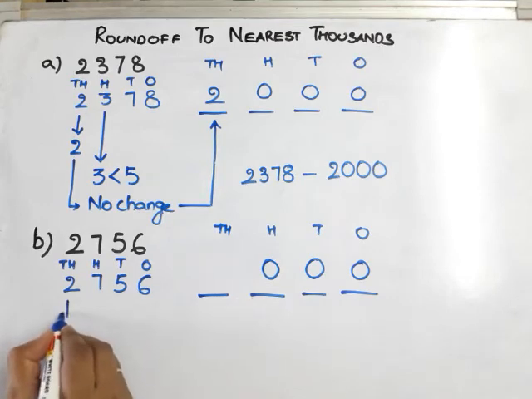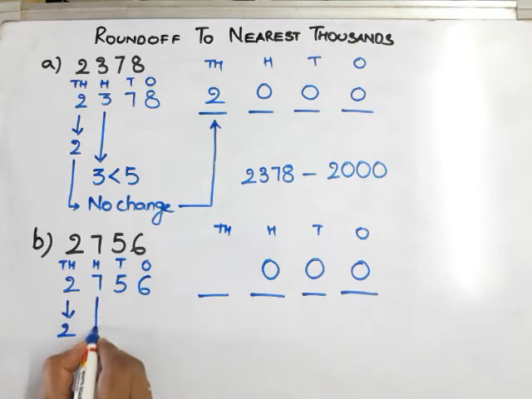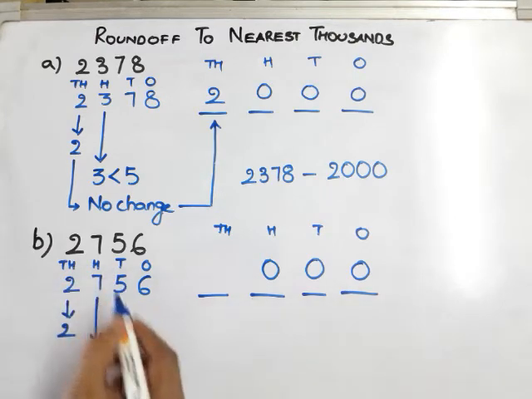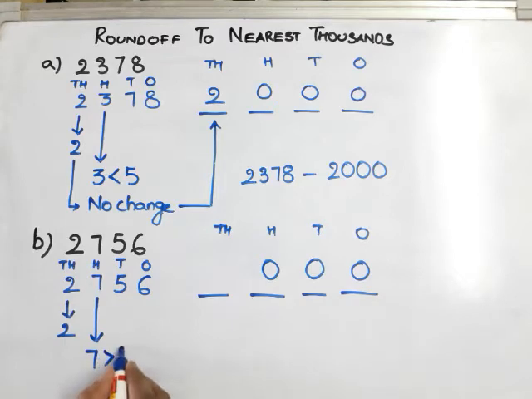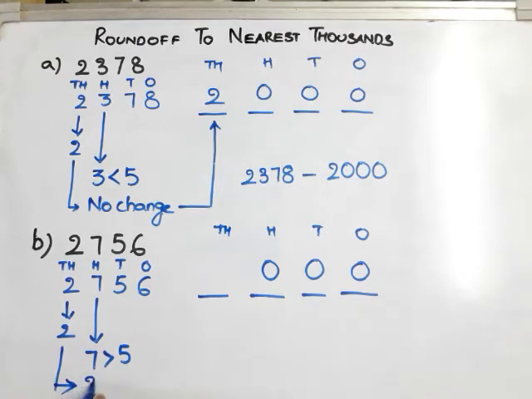Now in the thousands place we have 2. In order to fix the value for it, we have to check the digit in the hundreds place, which is greater than 5. If it is greater, what do we do with the value in the thousands place? We have to add 1 to it.